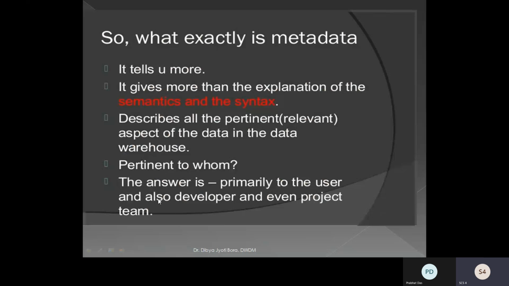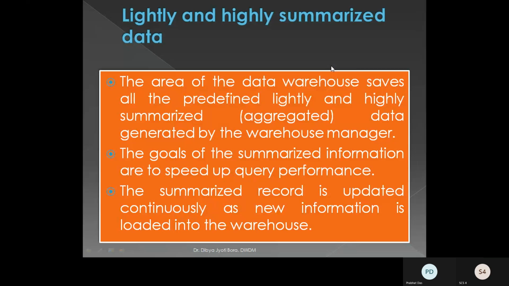Primarily to the user and also the developer and even the project. In simple words, it helps you to understand the different data stored in different parts of the data warehouse, because it can be thought of as a container where information about other data is kept. So that is our metadata.